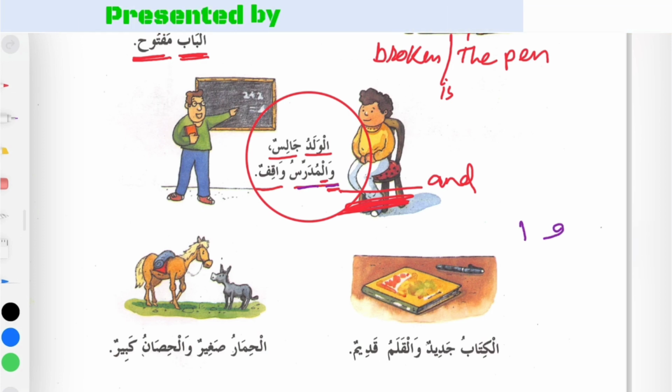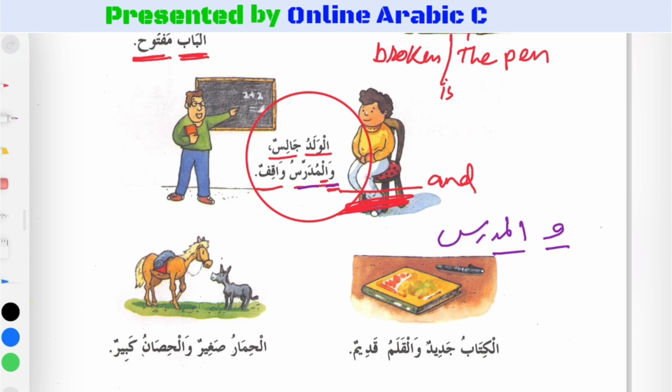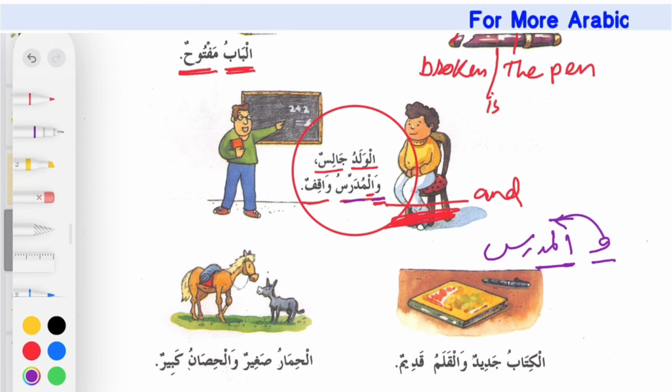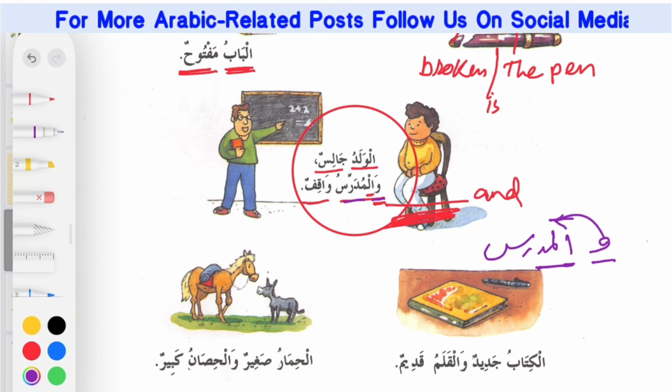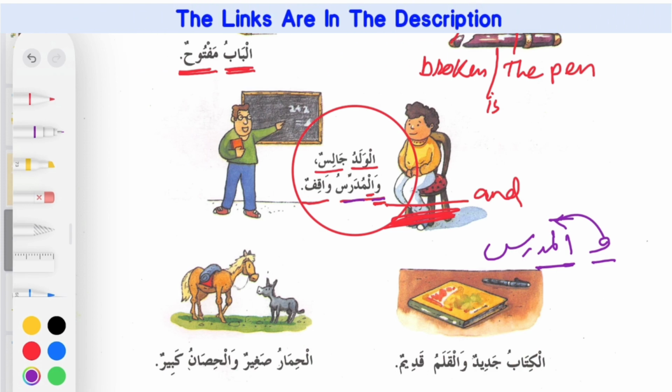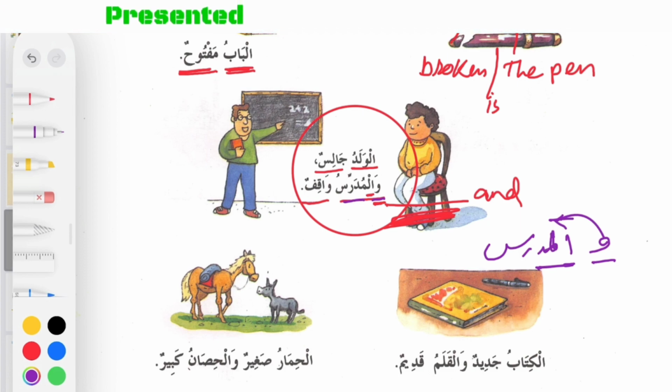So wa al-mudarrisu. When you find waw or any other word and you want to combine them with the next word which has al in the beginning, you will not read alif. Just you will combine waw with the lam directly. You will read wal mudarrisu. Not only waw, with other words also. When you want to combine them, you will read lam directly.